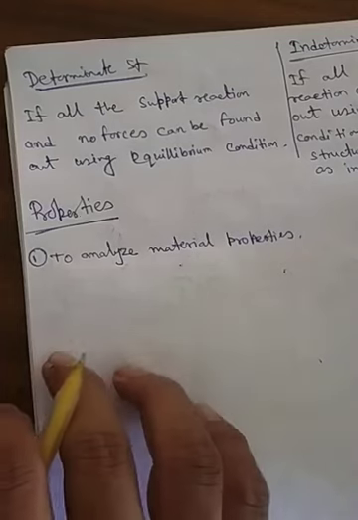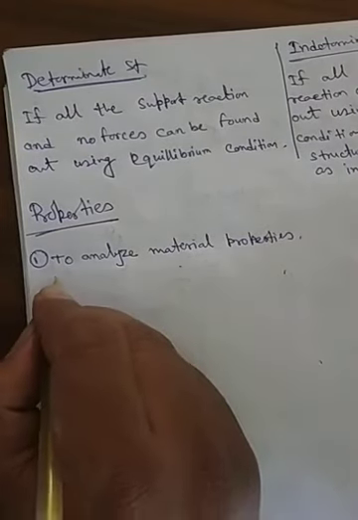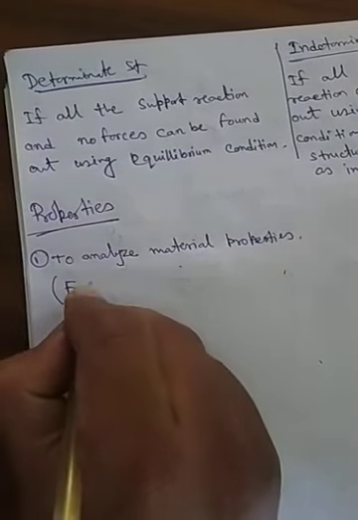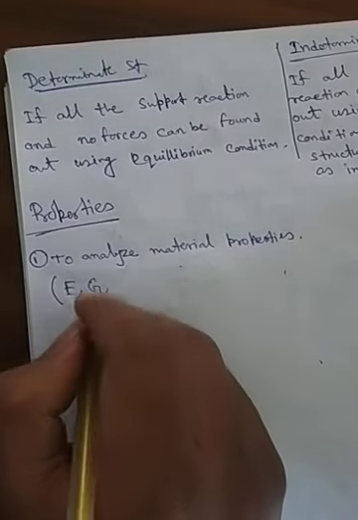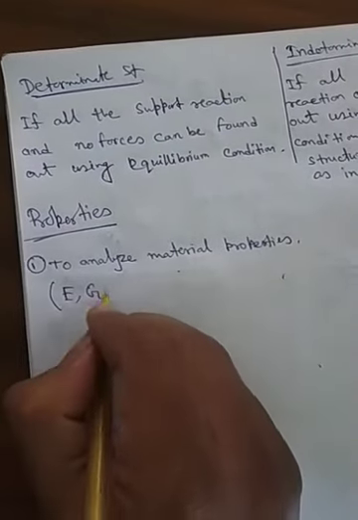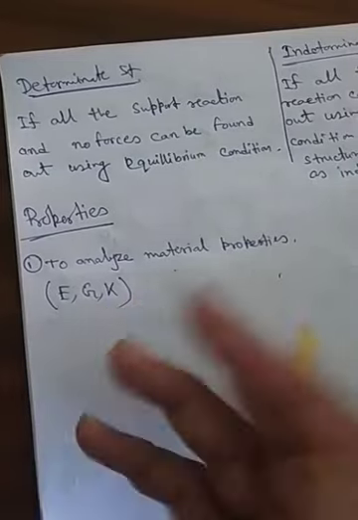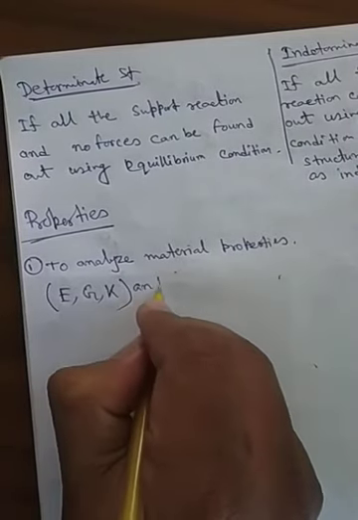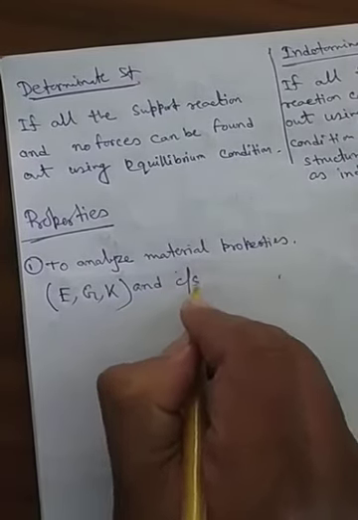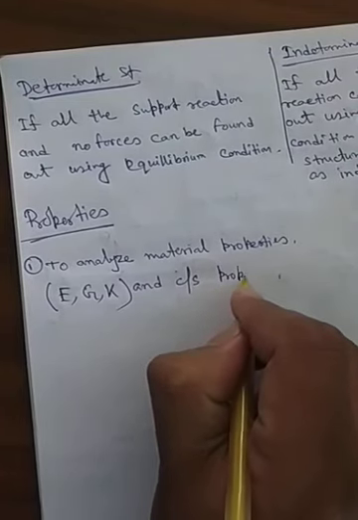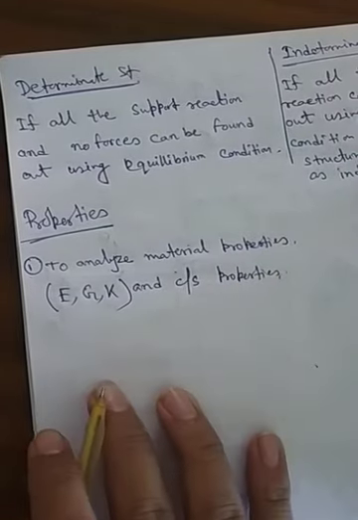So material properties like Young's modulus, shear modulus or modulus of rigidity, bulk modulus, etc., and cross section properties. What are cross section properties?